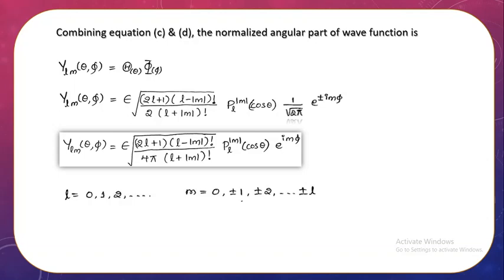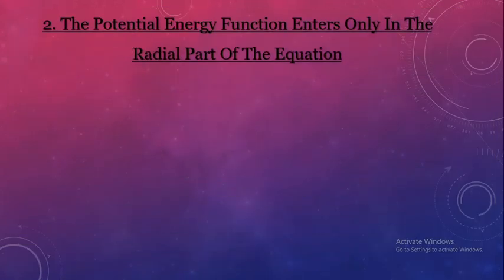So the first goal is reached, that is, we have derived the solution for the angular part, and we observed that the solution gives us spherical harmonics. Then, coming to the second goal, we need to show that the potential energy function enters only in the radial part of the equation.